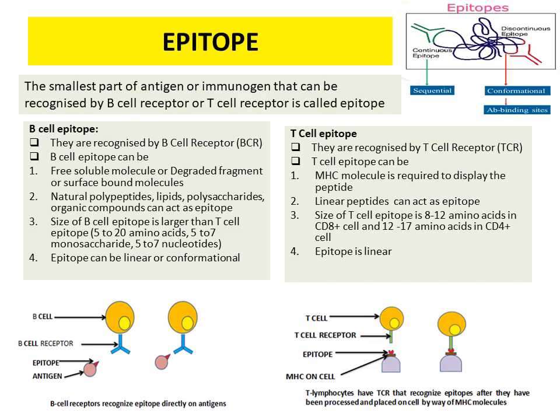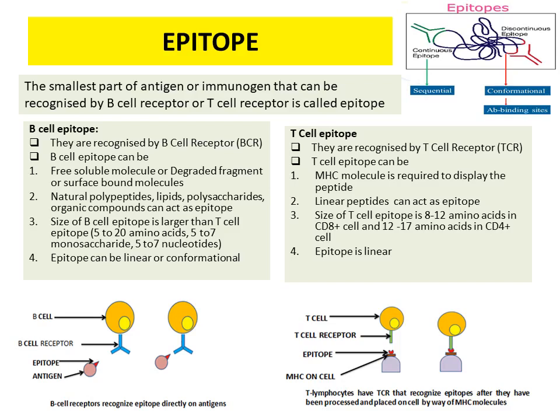If the MHC molecule is not there, the T cell epitope will not be functional. So it is bound with the MHC molecule. The size of the T cell epitope is different in CD8 and CD4 cells. In CD8 cells, it is formed by 8 to 12 amino acids, whereas in CD4 cells, it is formed by 12 to 17 amino acids. And this T cell epitope is always linear, right?